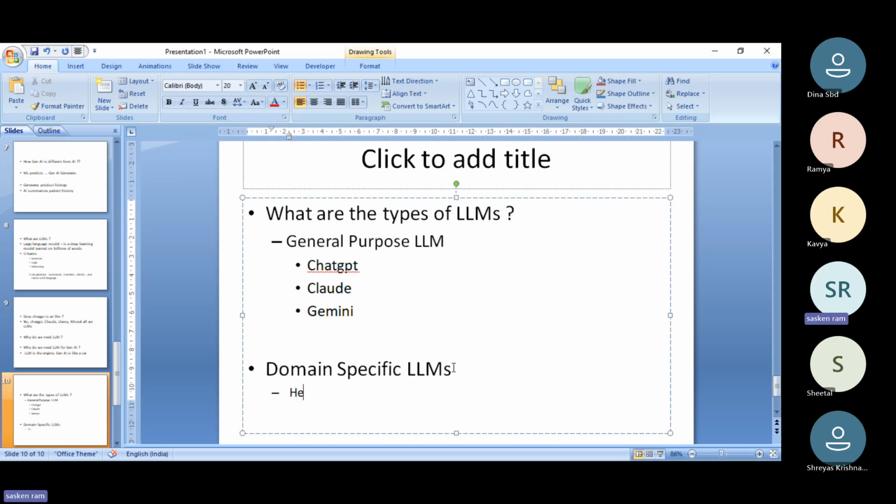So you have something called Health GPT, Legal GPT, Finance GPT, and insurance claim reasoning models.